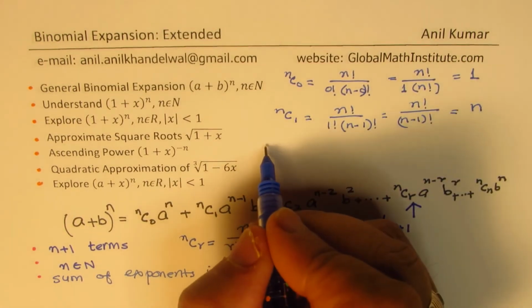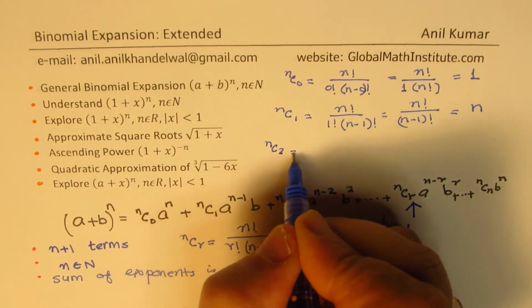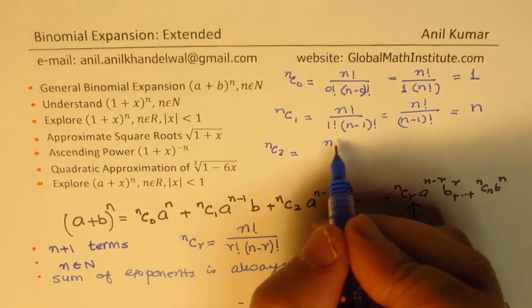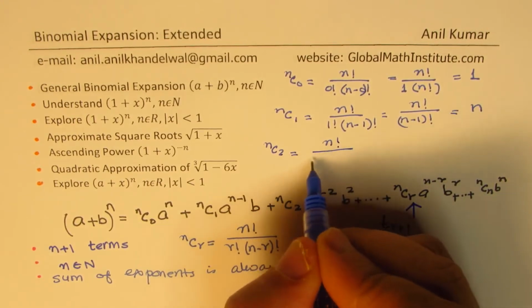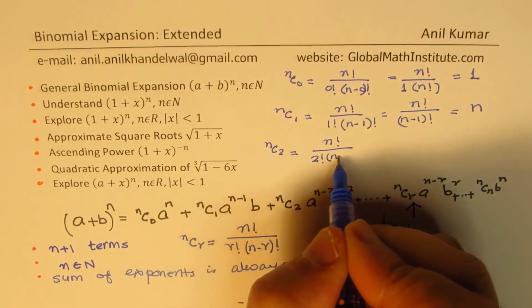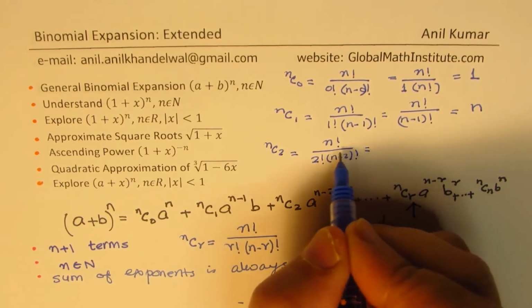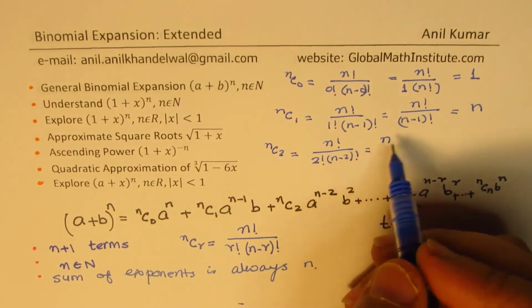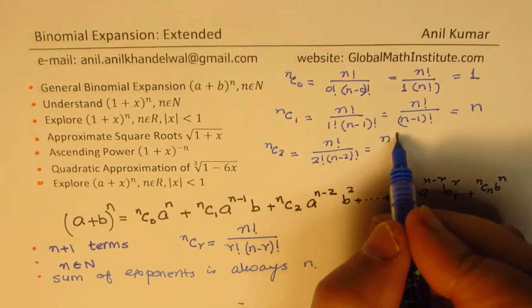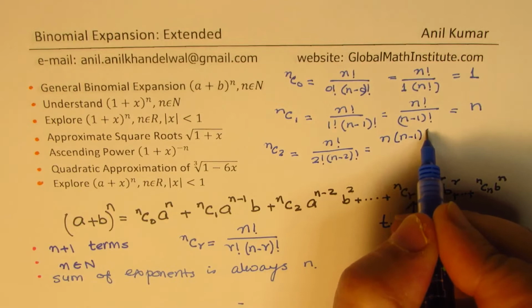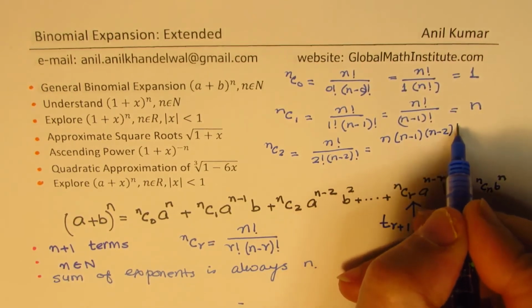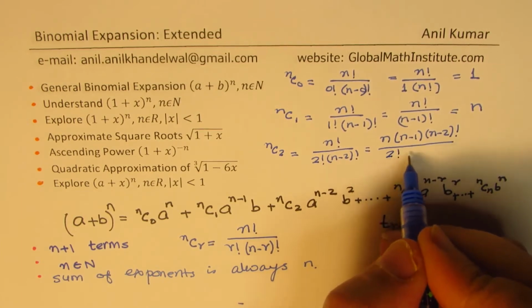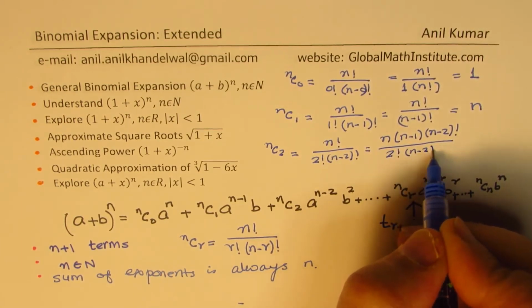Now if you have nC2, then the value of nC2 will be n factorial over 2 factorial times (n - 2) factorial, right? Let me show you how to simplify this. n factorial can be written as n times (n - 1) times (n - 2), and we can write a factorial here, all the terms over 2 factorial times (n - 2) factorial.